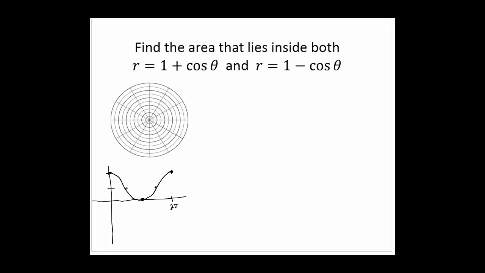And let's see, how about in purple, 1 minus cosine theta would sort of be a mirror image of that. All right, so there's 1 minus cosine theta.